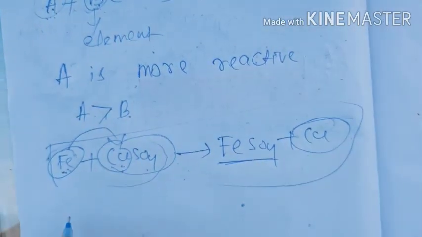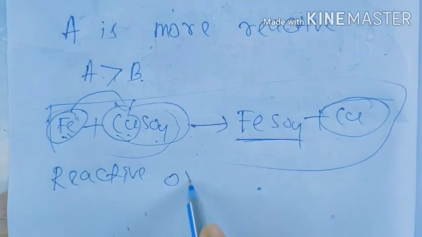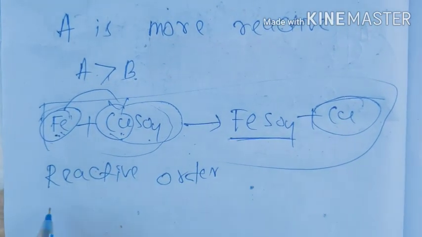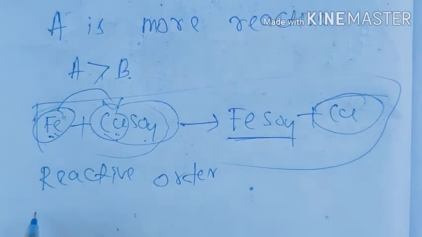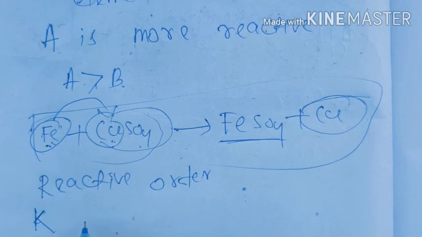You know the reactivity order. First of all, the most reactive element is potassium. K is highly reactive compared to other elements.